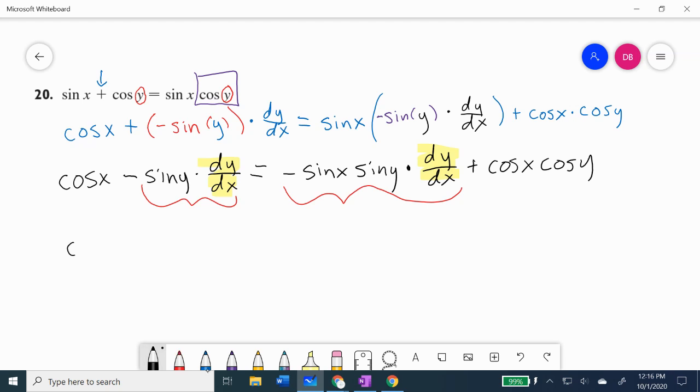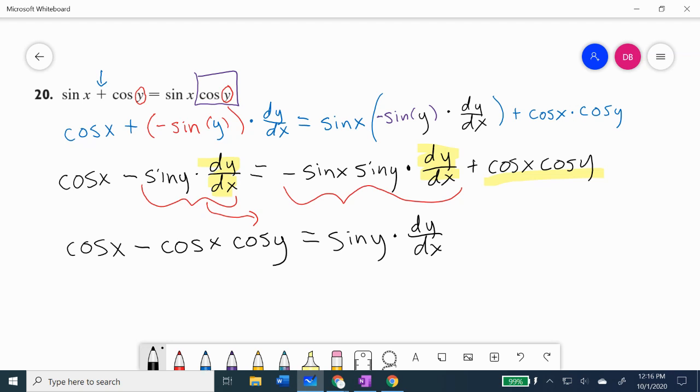So I've got my cosine x, and I'm going to subtract over this cosine x times cosine y. Then on the right side, I'm going to need to add this negative, or this sine y, times dy dx. So as I add that over, it becomes sine y times dy dx.